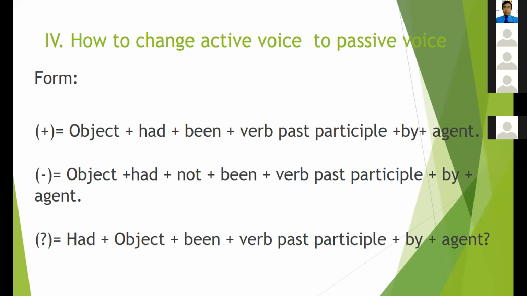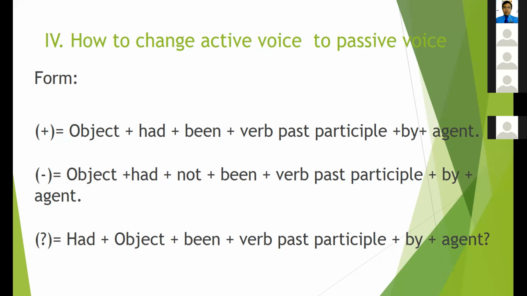But here we can call it agent because sometimes it cannot be... I'm sorry, I mean by here is by plus subject, because we put the object in front, so we can change the subject. I understand what you say, but I'm not sure. Or you are not sure?